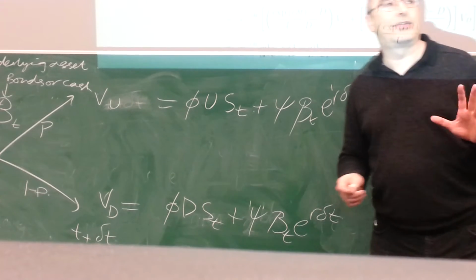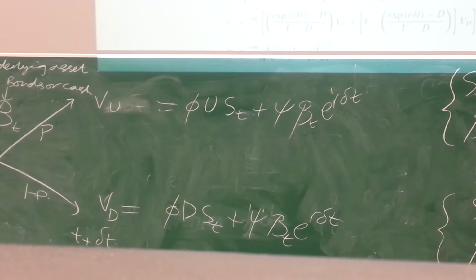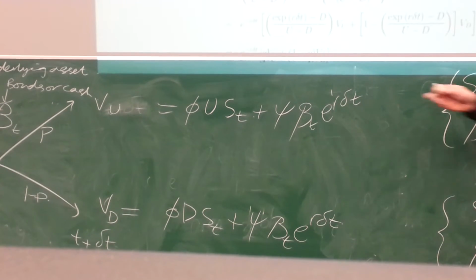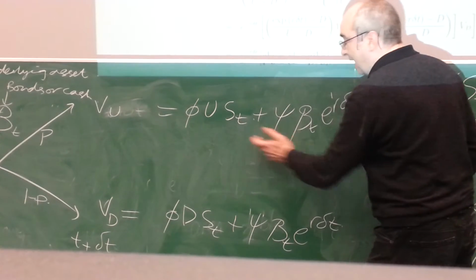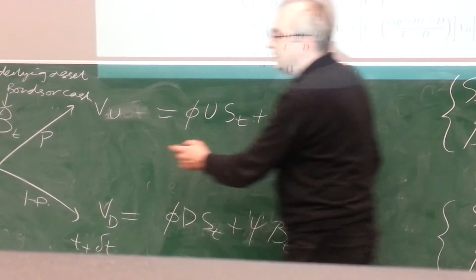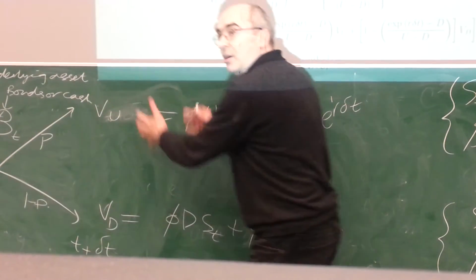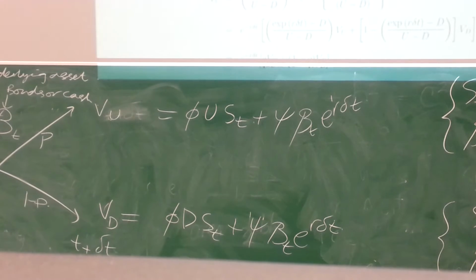So I can now do the crazy thing, which is I can go back from the future, if you like, and specify what future values I want to get. Given the other parameters, that will tell me how many shares and how many bonds or amount of cash I've got to hold, so that at time t, whatever happens, I will have covered my outgoings.